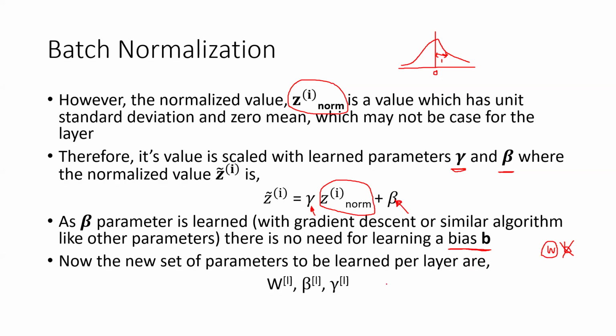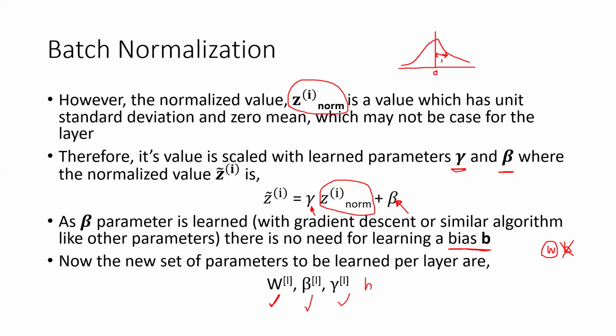So when you are using batch normalization, the parameters that you have to learn are the weight vector for the Lth layer and the beta values. For each of the neurons, we have to learn the beta values for the layer, and you also have to learn the gamma parameter for each layer as well.